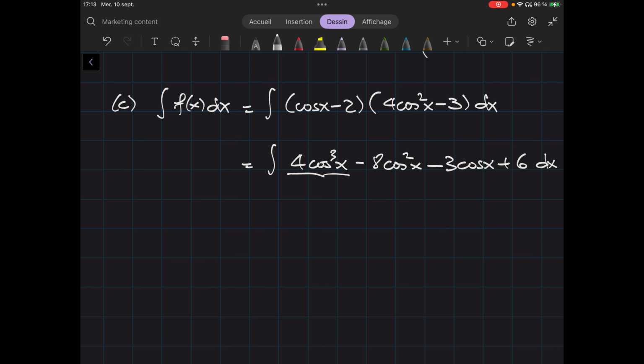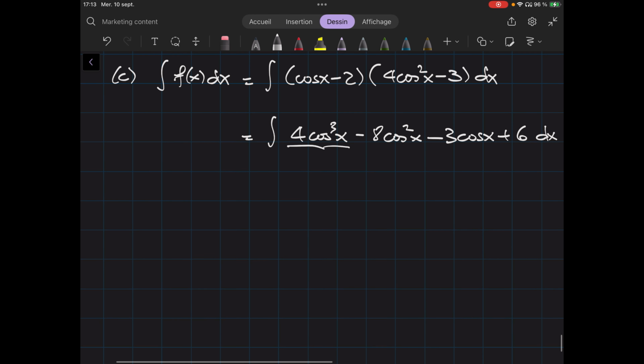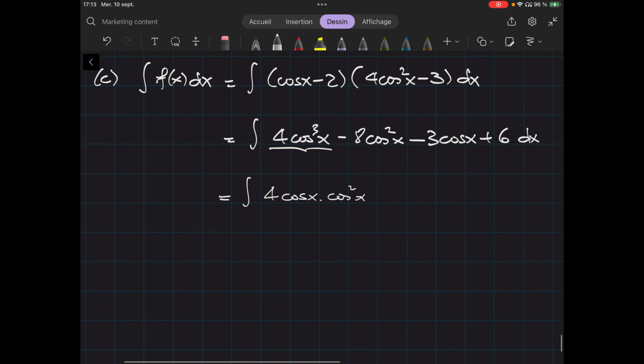Cos cubed is the hardest term to integrate. To do this, you're going to split the cube into 4 cos of x times cos squared of x. The reason is that we are going to use a substitution here.